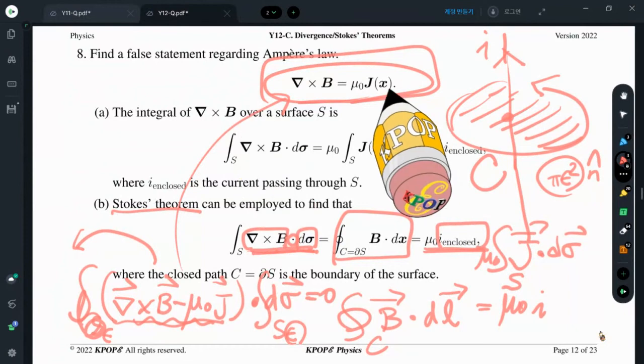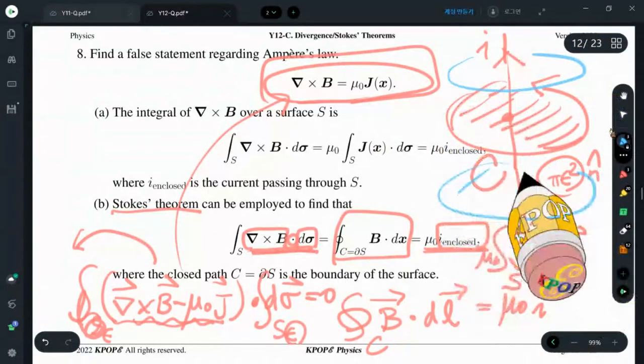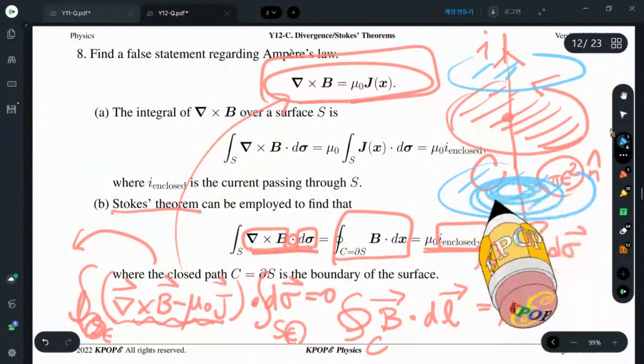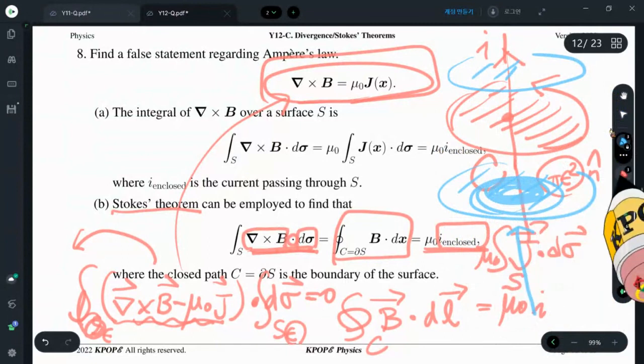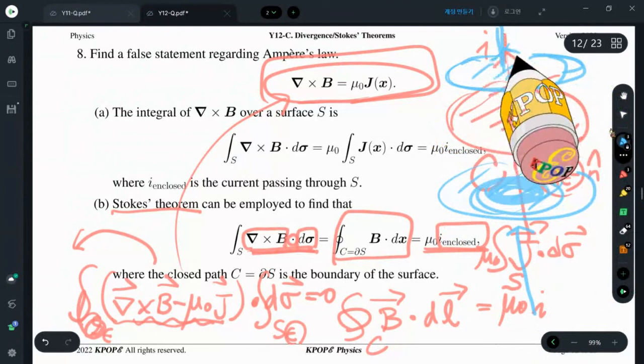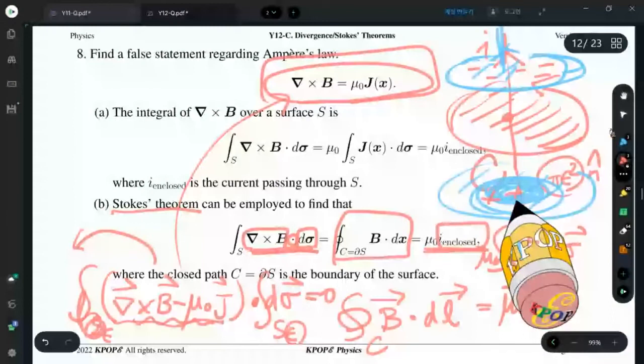Actually, this Ampere's law is not perfect. Maxwell found that there is a missing component, called the displacement current. It is not an actual current, but if you place a capacitor, current flows in, electric charge is accumulated, and current flows out, electric charge is decreasing, so it is negatively charged and positively charged.